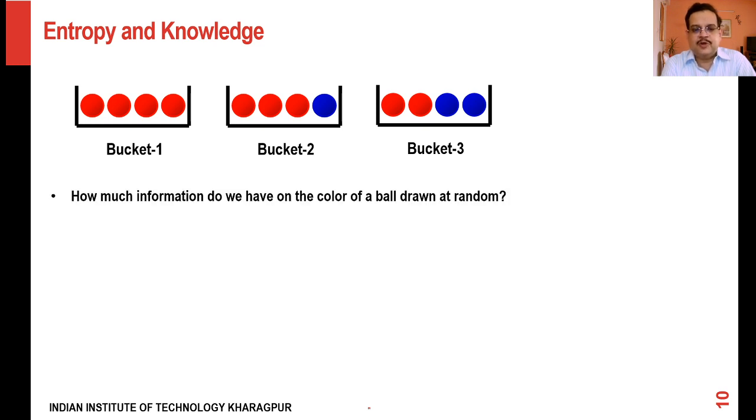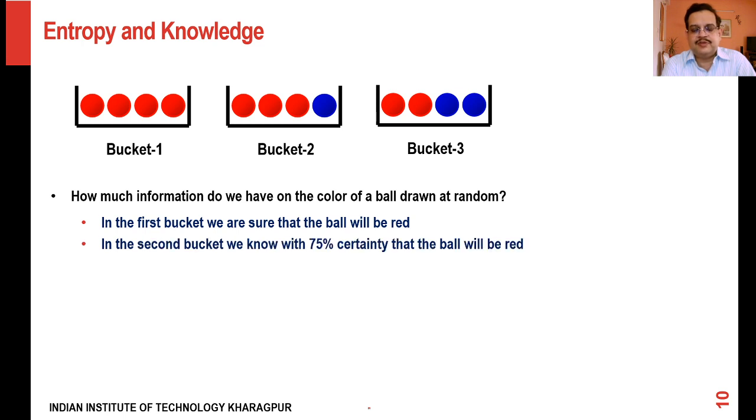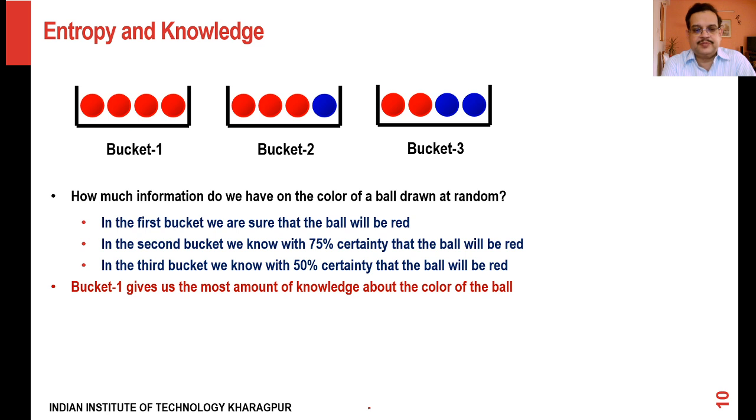So how much information do we have on the color of a ball drawn at random? In the first bucket, we are sure that the ball will be red. In the second, we know with 75% probability that the ball will be red. And in the third bucket, we know with 50% certainty that the ball will be red. So bucket 1 gives us the most knowledge, and therefore it has the least entropy.